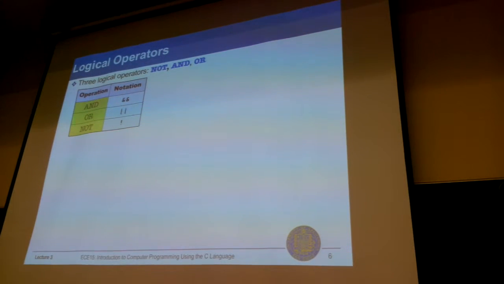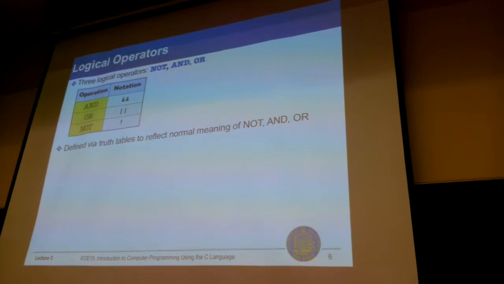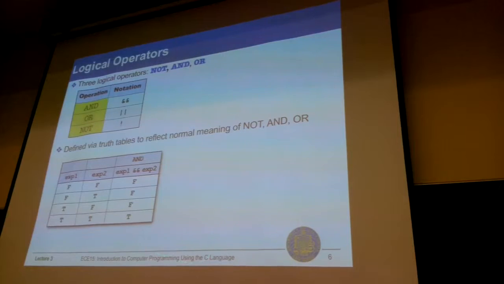So what does each of these operators do? They do what we expect from logic classes that you may have taken before, or lectures you've seen on logic, the table is pretty straightforward. If we have two expressions, and here we list out every possibility for true and false for these two expressions, we can go through and look at what each one of these operators would return.